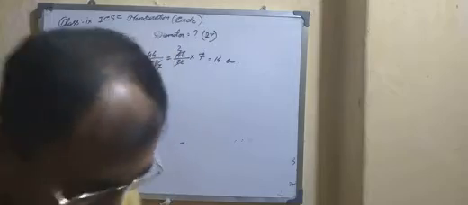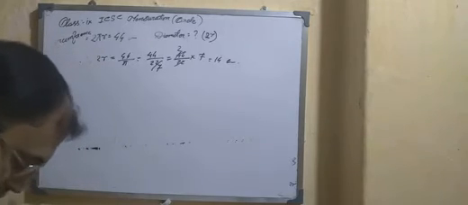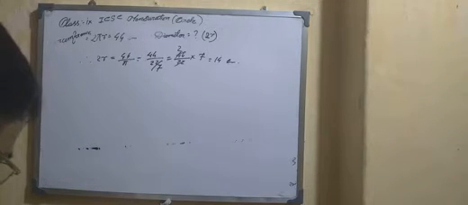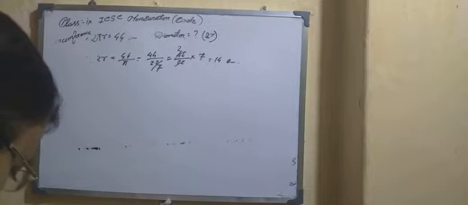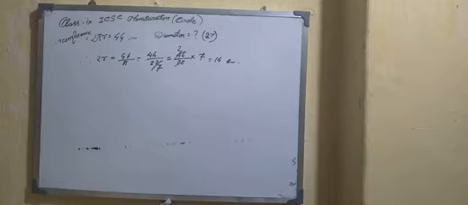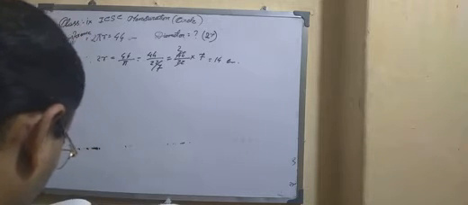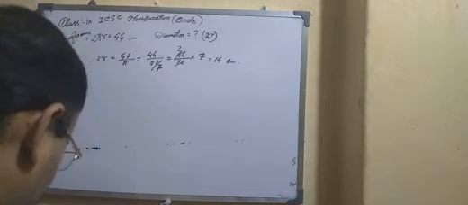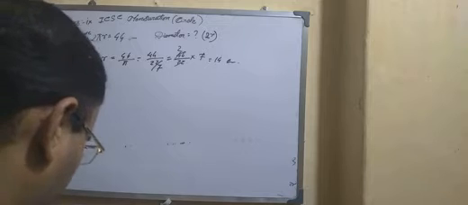So let's try another problem. Here is another sum. There is a road 3.5 meter wide surrounding a circular plot whose circumference is 44 meter.